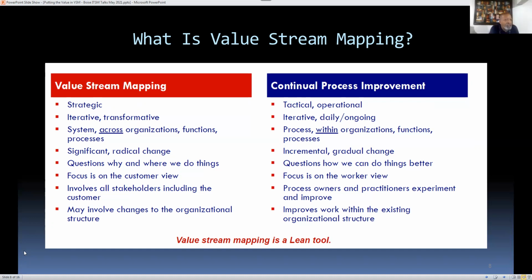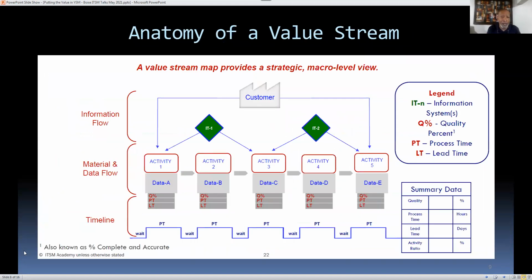If you look here, significant, radical, the term strategic used there. It could involve multiple stakeholders from multiple pockets, if you will. That's when value stream mapping can give you the most benefit versus taking an alternate approach. Can I get you to move on to the next slide here, Jeff?